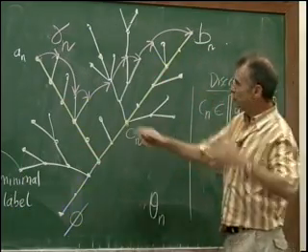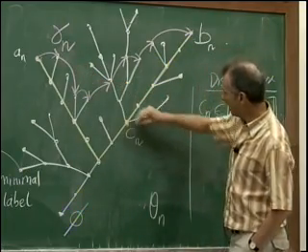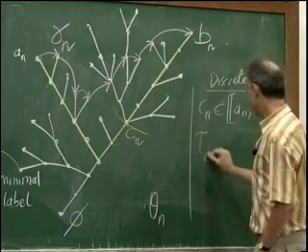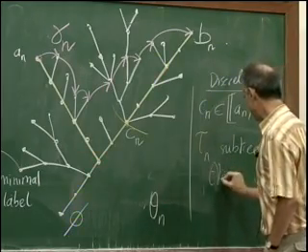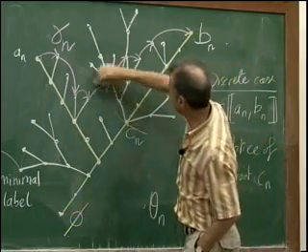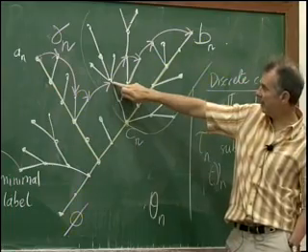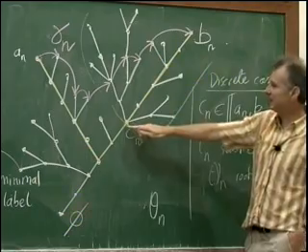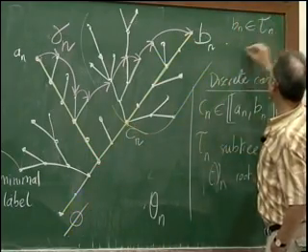Well, you look at the geodesic, which I call gamma n from An to Bn, and you look at, let's say, tau n, the subtree of theta n with root Cn. Okay, so you look at this subtree here. And you look at the first time when the geodesic enters this subtree. So it has to enter the subtree because, well, at least on my picture, Bn is in the subtree, but An is not.